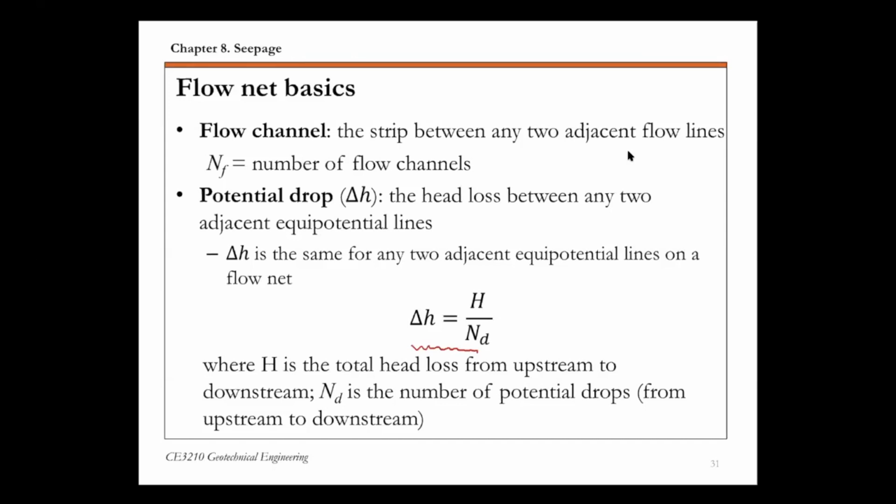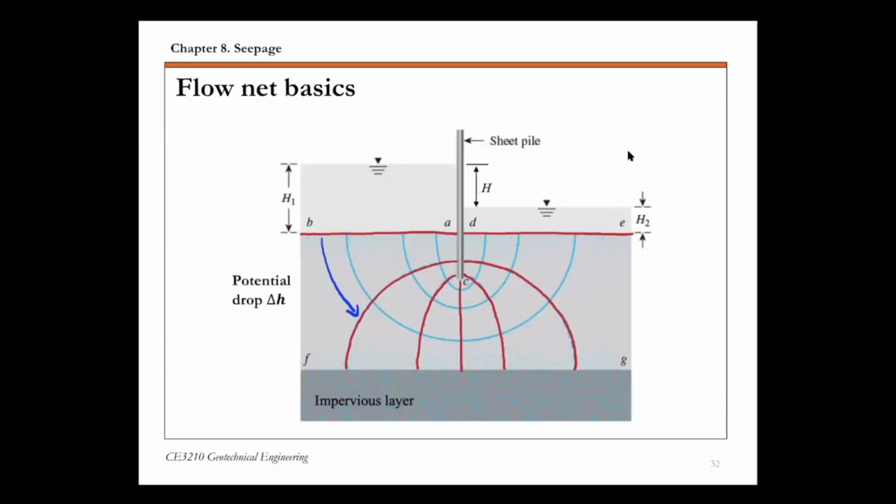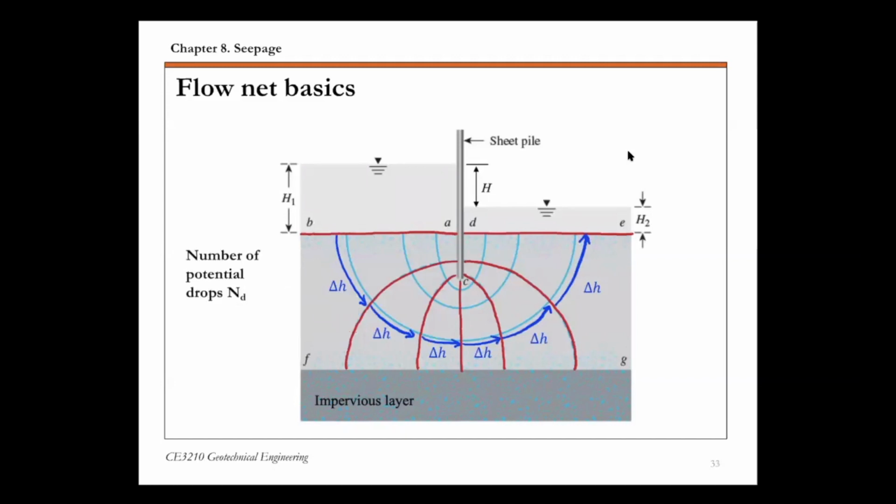We call that ND. So again, use this flow net example here. Potential drop is the head loss between two adjacent equipotential lines. So from the first one to the second one, we have one potential drop, delta H. And then for this flow net, we have 1, 2, 3, 4, 5, 6 potential drops. So ND for this flow net is 6.